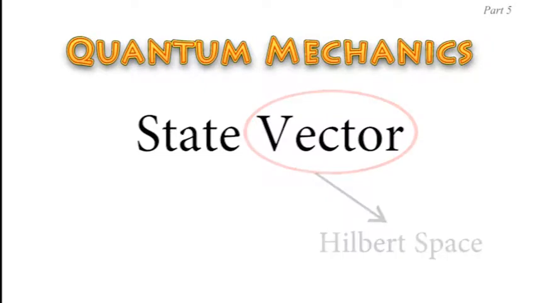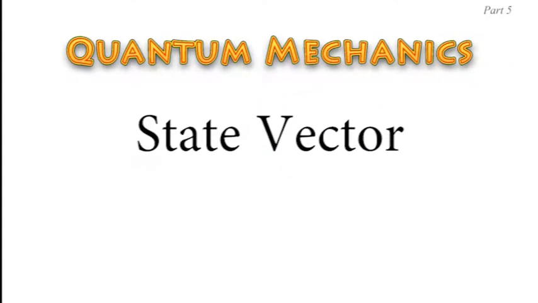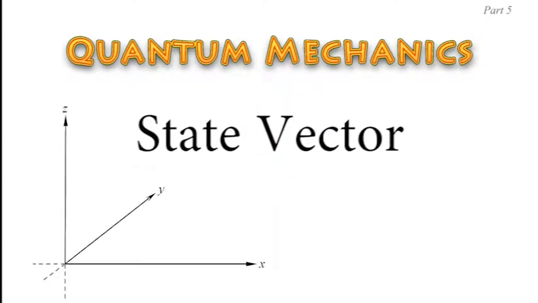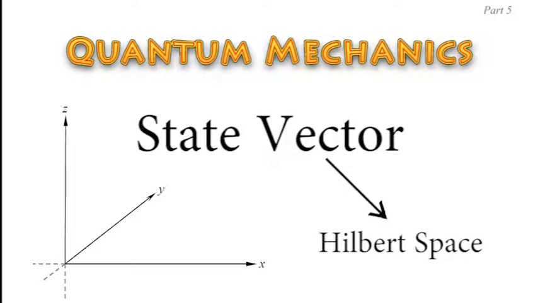So that's the first thing to say. If we have a situation in real, everyday 3-dimensional space that we are considering, and if we want to explain it by quantum mechanics, then the first thing to do is to decide the kind of Hilbert space that we need, the kind of space that will contain the state vectors that the system might need to be described by.